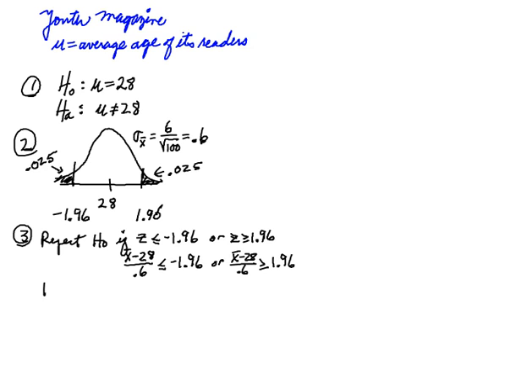And then I'm going to rewrite the rejection statement, reject H sub 0, in terms of x bar. So that just means solving for x bar. In that first inequality, I'll multiply both sides by 0.6 and add 28.